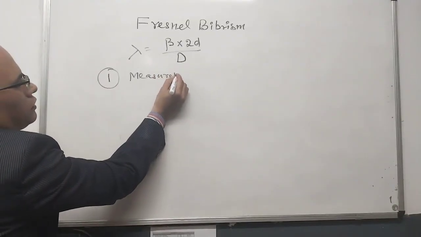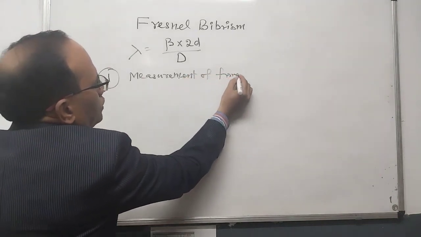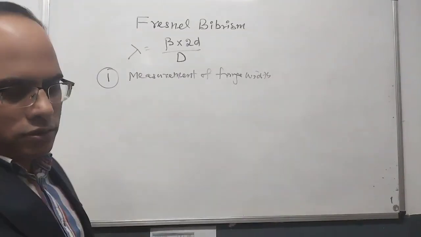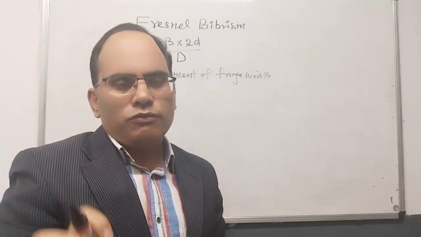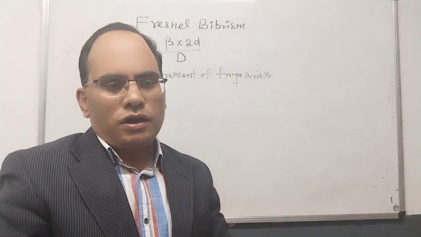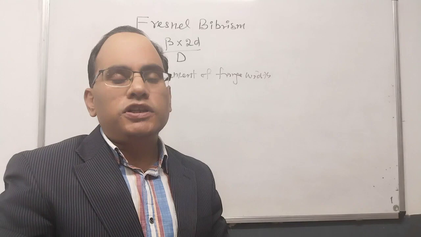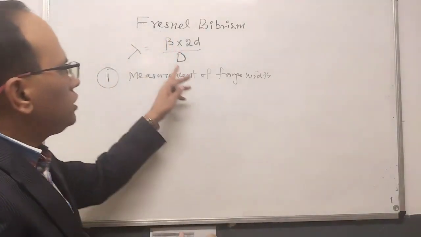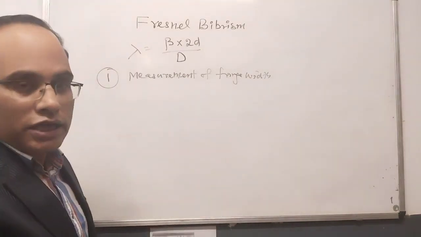In the experimental arrangement, we need the source, the biprism, the eyepiece and lenses. They are arranged on the optical bench so that we can easily obtain the fringe pattern. Once we get the fringe pattern, we can calculate lambda of the given source, for example sodium light.